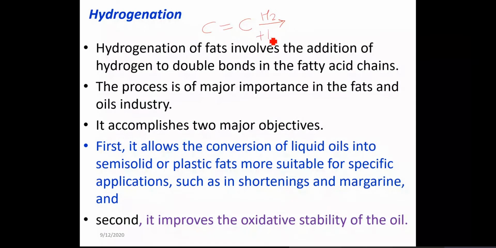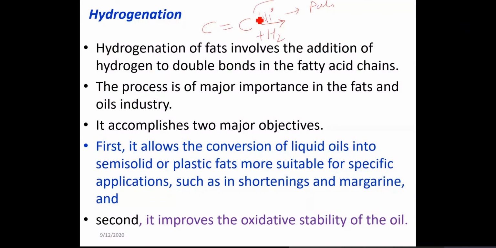When you add hydrogen in the presence of a catalyst, you need a catalyst here. There are a number of catalysts that are used, and palladium is also one, but the most commonly used is nickel.